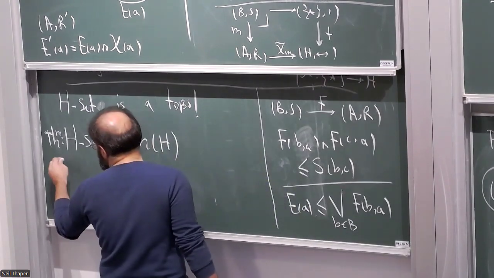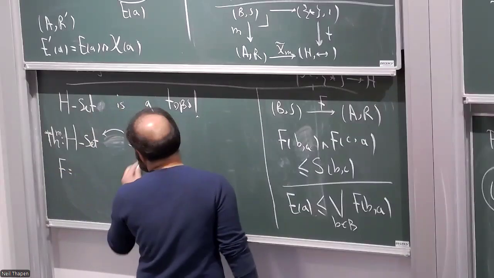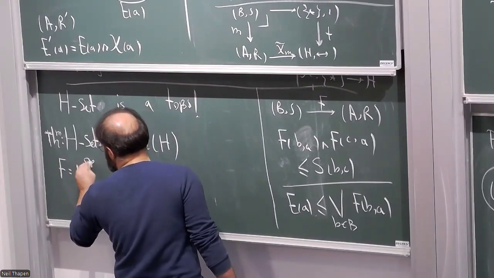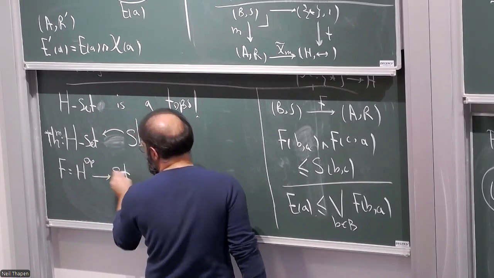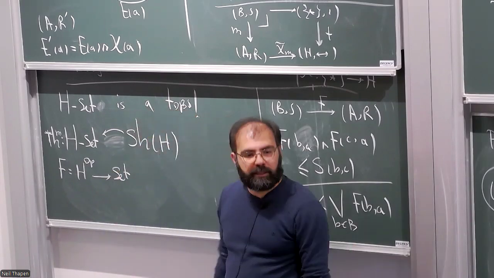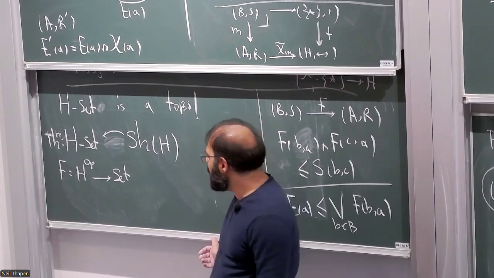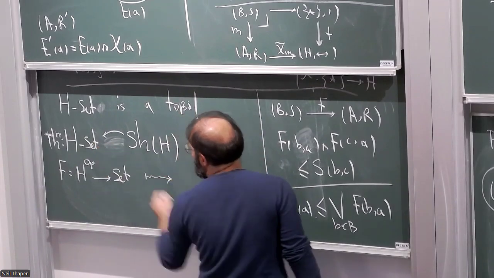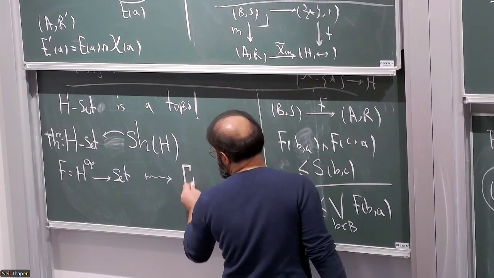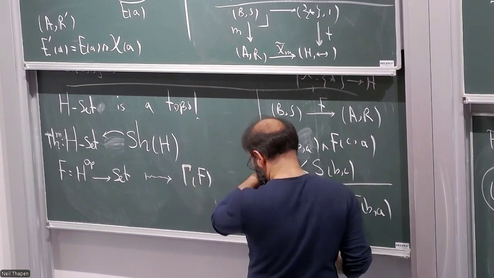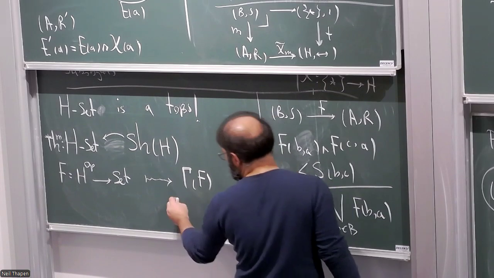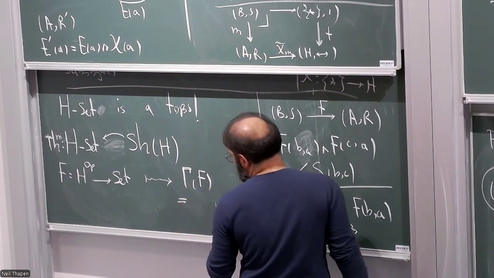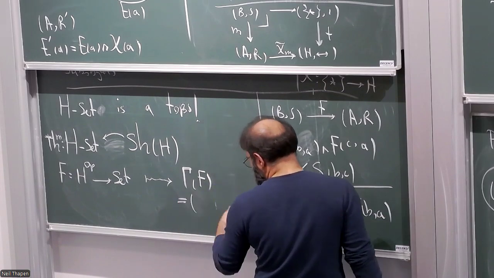So remember that on the level of objects, a sheaf is just a functor like this, right, with some properties that I don't care for now. And how to assign to this guy one H set? People write gamma F for that H set. It should be one set, one relation.